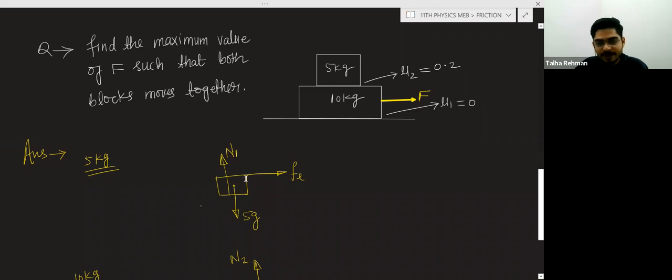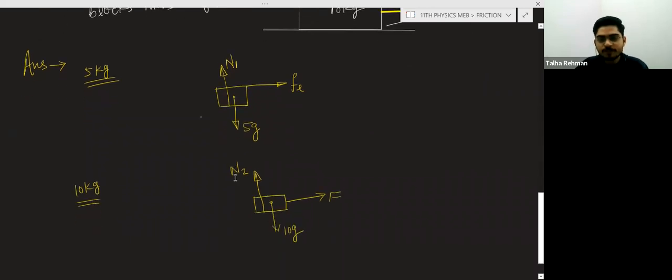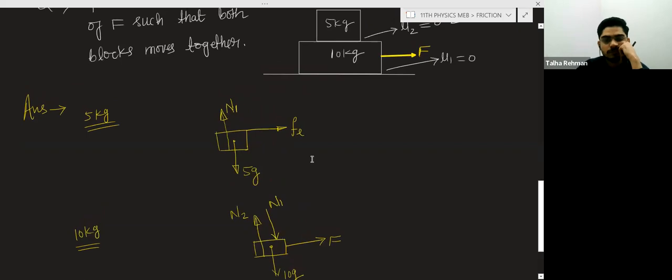So this 5 kg block will apply the same force N1 in the opposite direction. So you should write N1 here and N2 here.